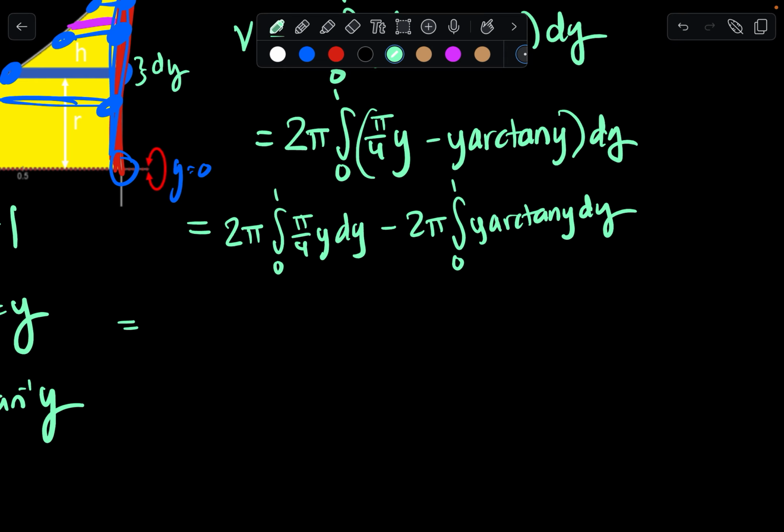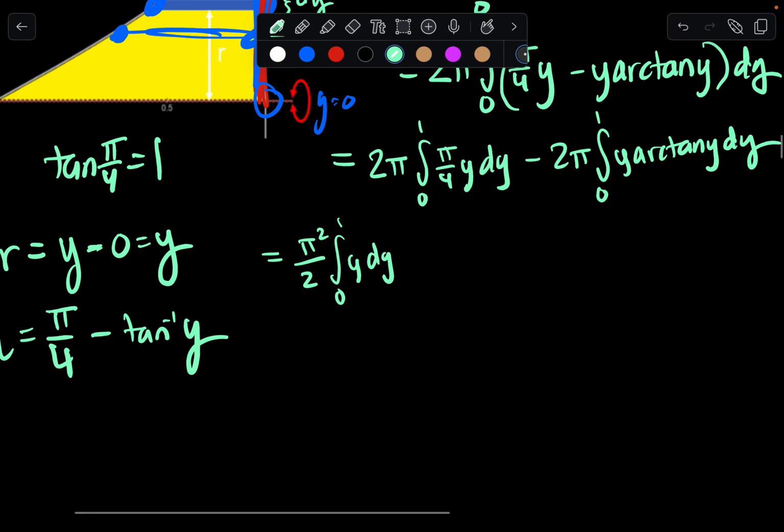All right, we can pull out the pi over 4 with the 2 pi, so we get 2 pi squared over 4, which is pi squared over 2. And we're integrating from 0 to 1. I'll go ahead and do this one.